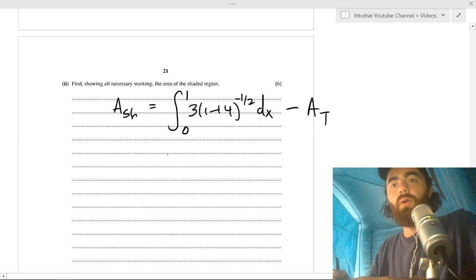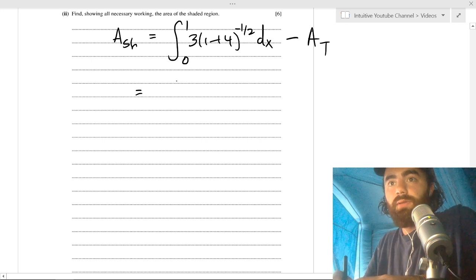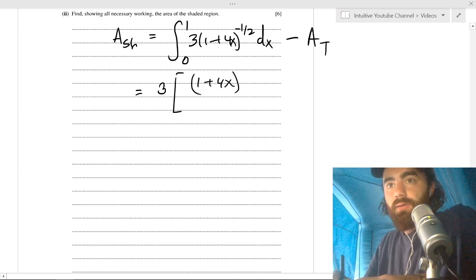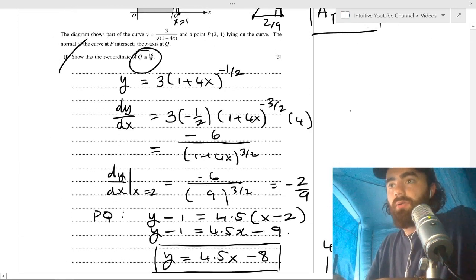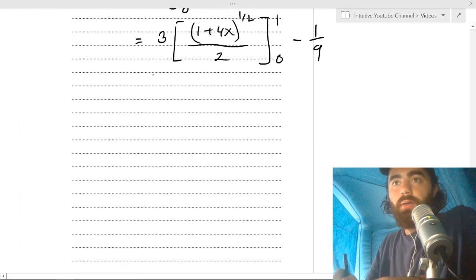And now we simply just work this out. So we can take the 3 out, we get (1 plus 4x), go up by a power, divide by the power, and divide by the differential. This is 4, so this bottom part becomes 2, between 1 and 0, minus the area of the triangle we calculated before, which is 1 over 9.